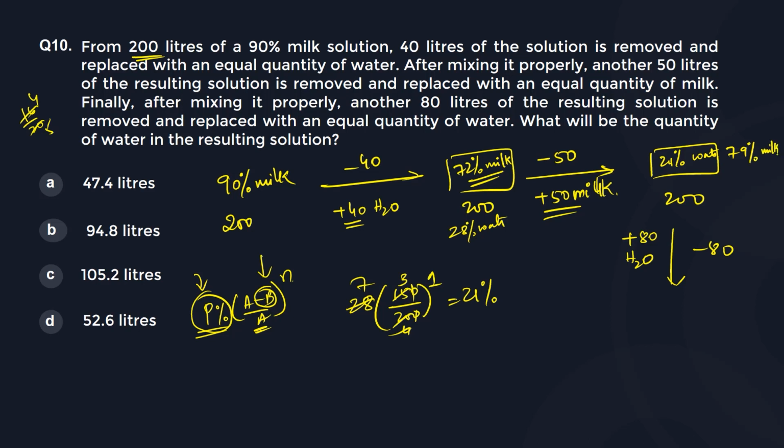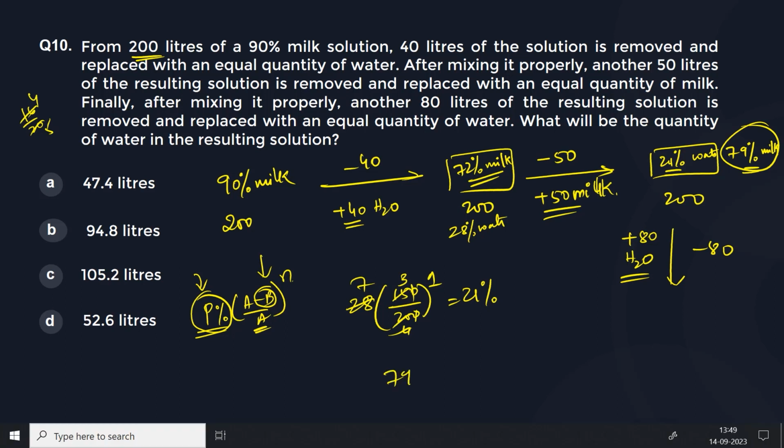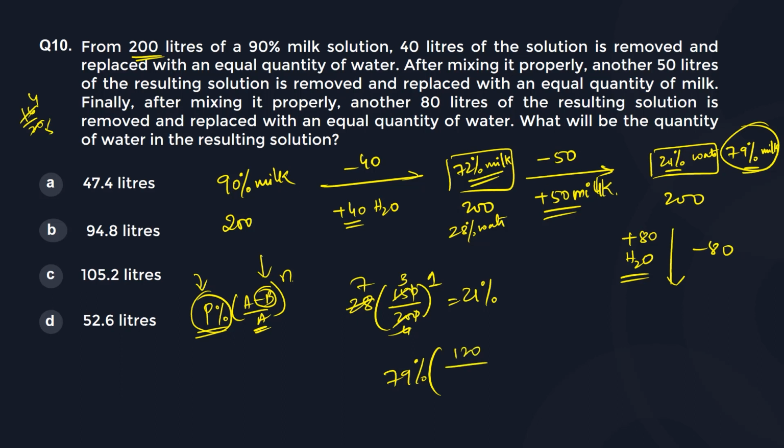Now, which one should I use? Should I use water form or milk form? Depends on what is being added. If water is being added, I will start with the milk form. So 79% into 200 minus 80, which is 120, by 200. Again, you're doing it only once. So this is 6 by 10, so 79 into 6 by 10.